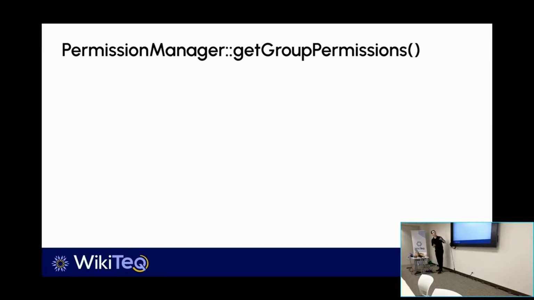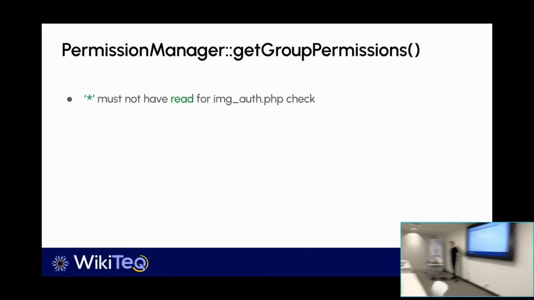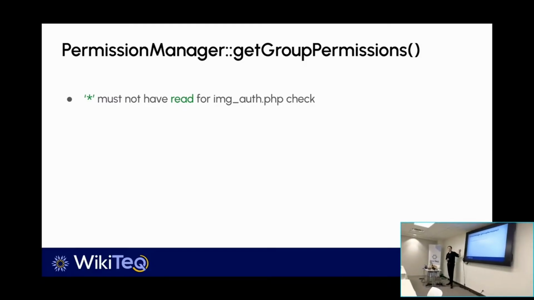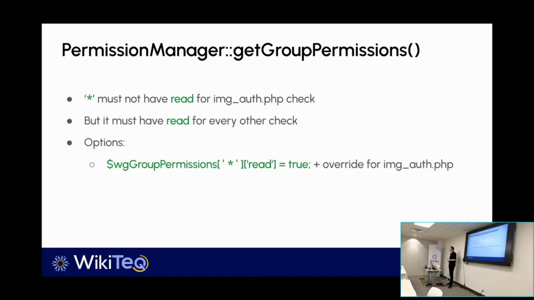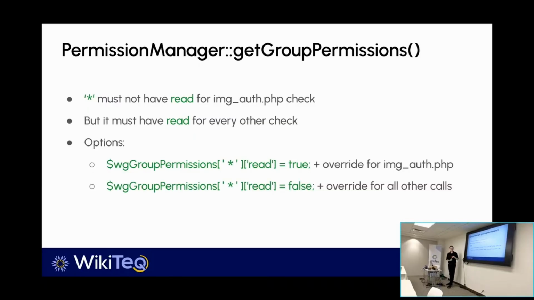So how does this get group permissions function work? Well, we need it to say the star doesn't have read rights at this one check, but it should have read rights everywhere else. So our options are either set our configuration to have those read rights and then somehow fix it so they don't in one place, or set the configuration to not have read rights and do that somehow fixing magic every other time the method is called.